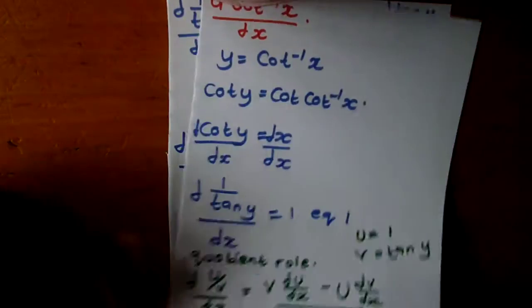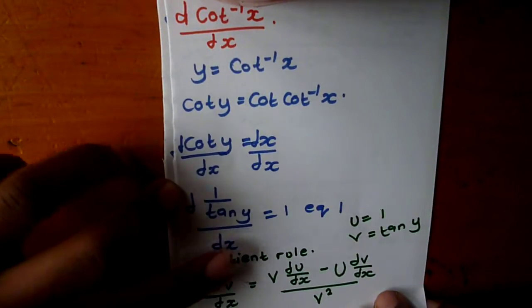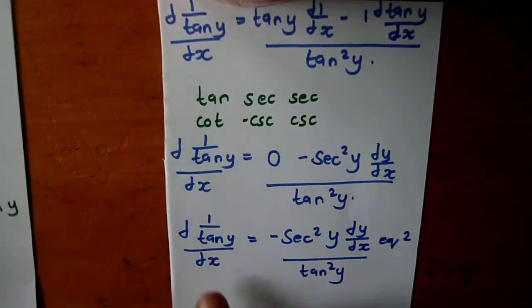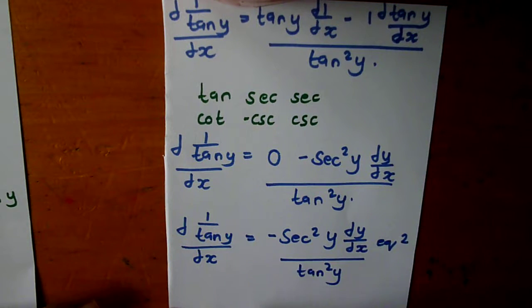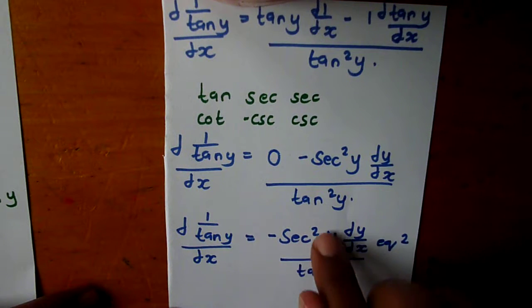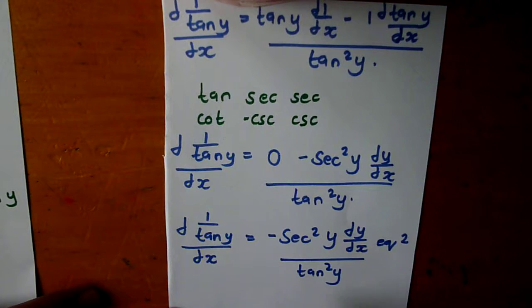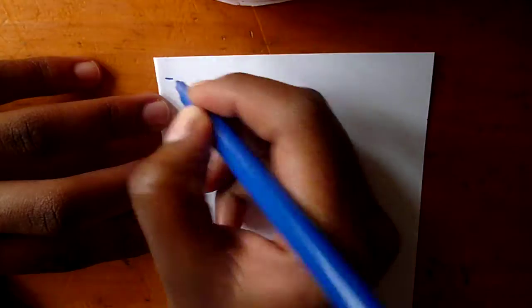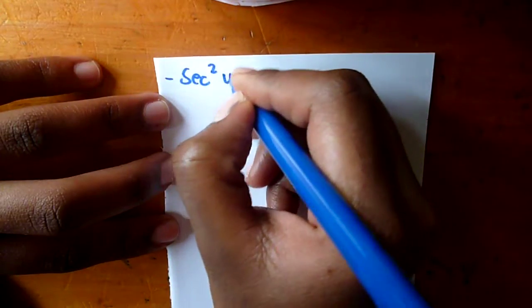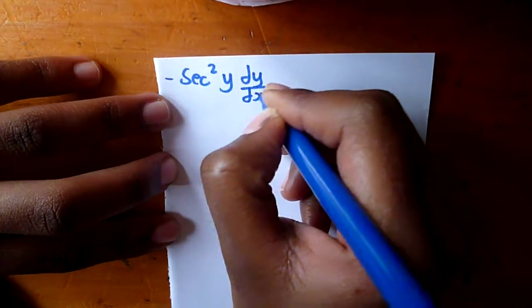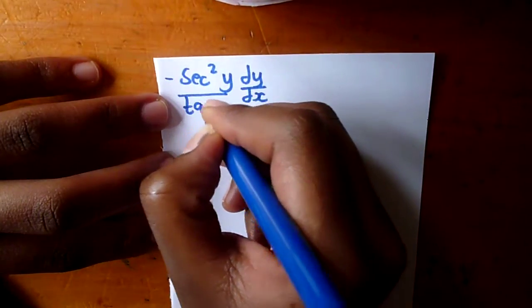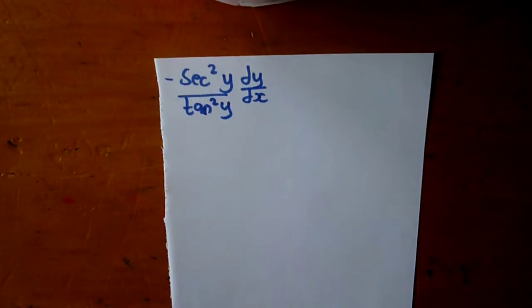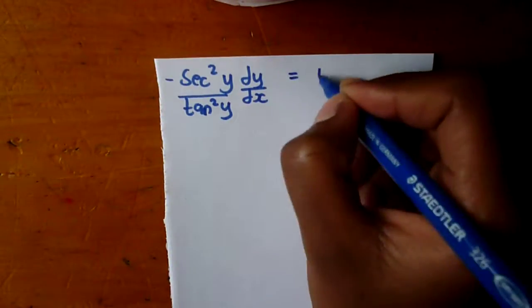Remember our equation 1, the derivative of 1 over tan y with respect to x is equal to 1. And now we've gotten that it equals negative sec squared y dy over dx all over tan squared y. So we'll equate this side to 1: negative sec squared y dy over dx all over tan squared y equals 1.